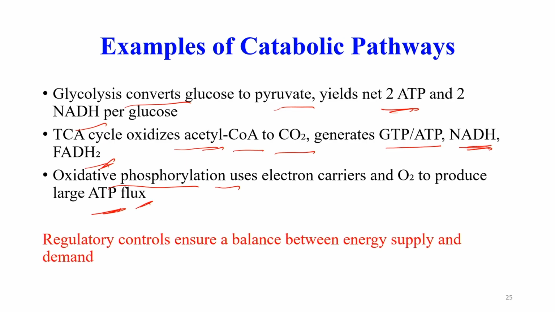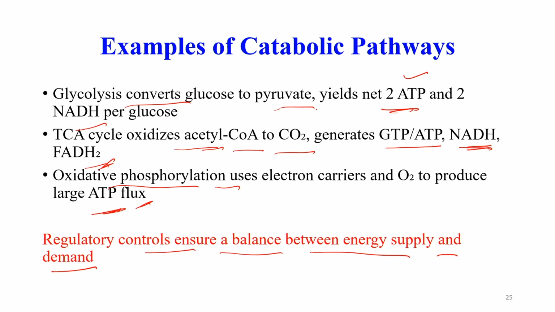The regulatory control ensures a balance between energy supply and energy demand. For example, during glycolysis only 2 ATP are produced, but if we combine glycolysis with oxidative phosphorylation, we get 38 ATP molecules from 1 mole of glucose.